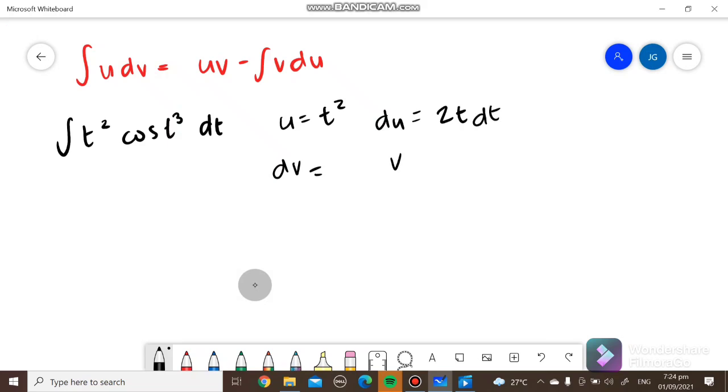And our dv here is cosine t cube dt. And our v here, which is the integral of this one, is simply t raised to t.